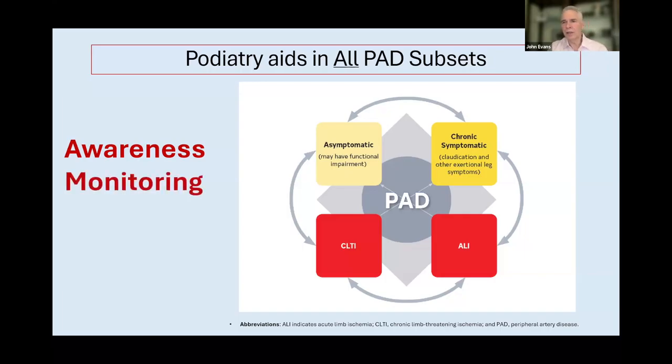The next is monitoring. Once a patient has PAD, you basically are going to be the vascular specialist's eyes and ears on the ground when they're not in the clinic or the cath lab. Really, for the rest of their life, once a patient has a diagnosis of PAD, we need to be watching them. And finally, protection.